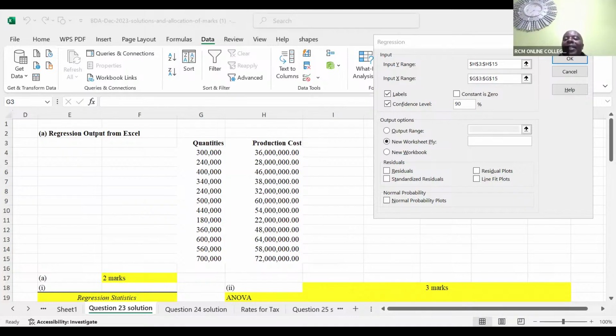So if they tell me that my significance level is 20%, then the confidence level will be 80%. So up to there, ladies and gentlemen, are we together?